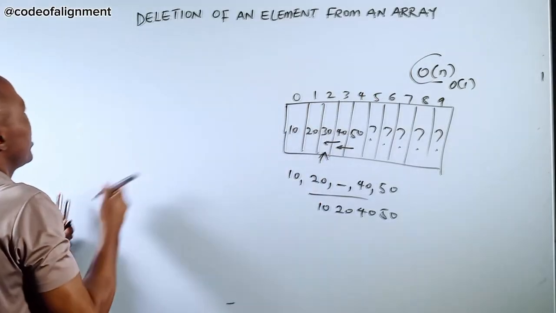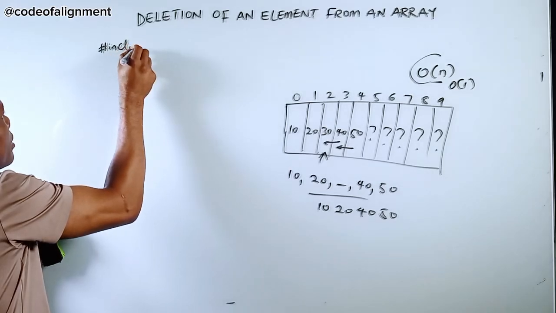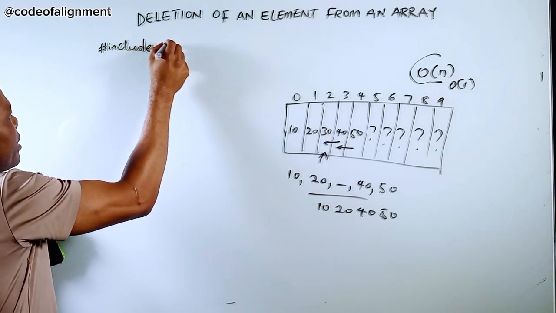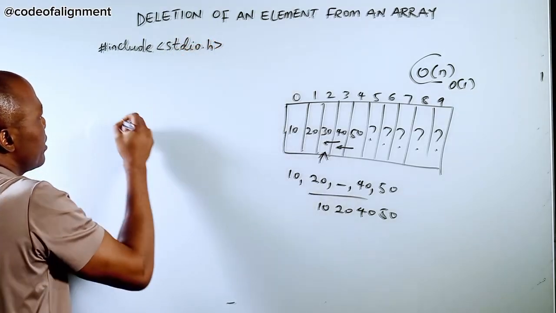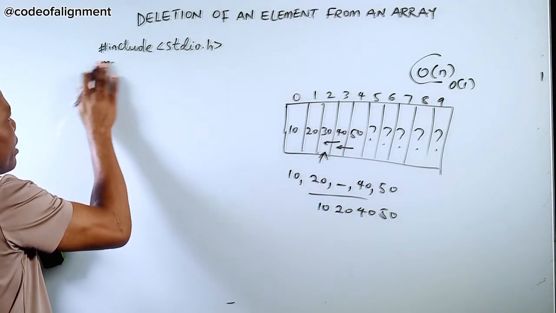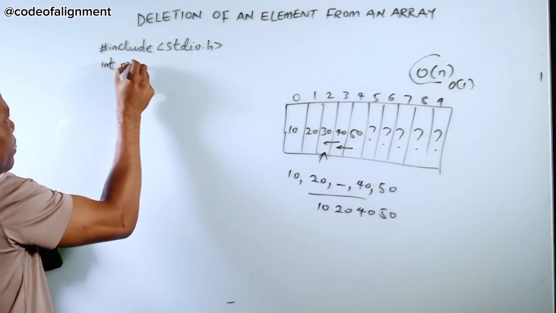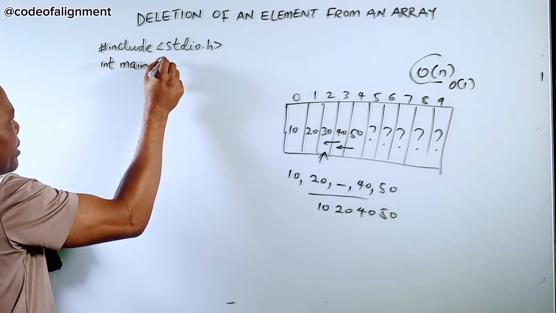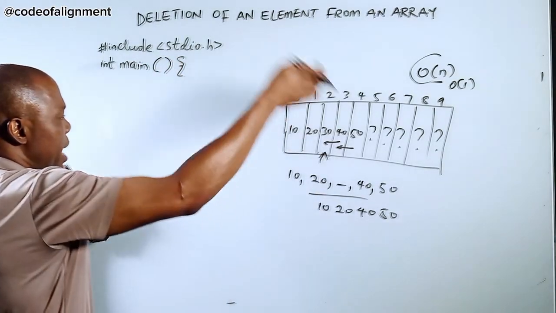Okay. So that will be include my library stdio.h, then my main function, int main, right? Now inside my main function, I'm going to declare my array.